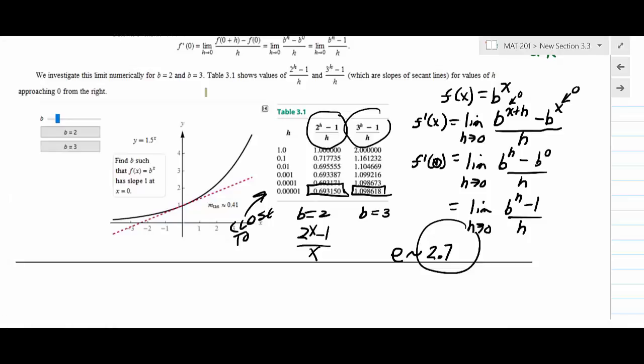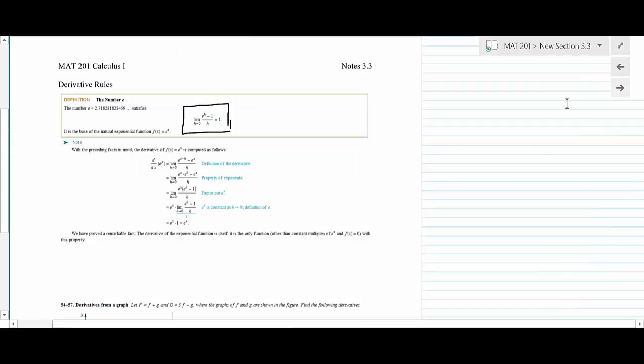If you look at this thing right here, doesn't it look like it's heading to 1, or getting close to 1? If instead of doing 3 to the h, you did 2.7 to the h, it would get closer and closer to 1. So what I was trying to show you is that the value of that limit is close to 1, just visually. Okay?